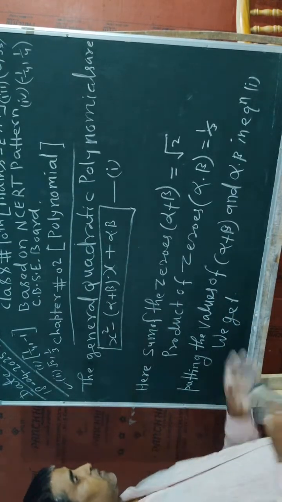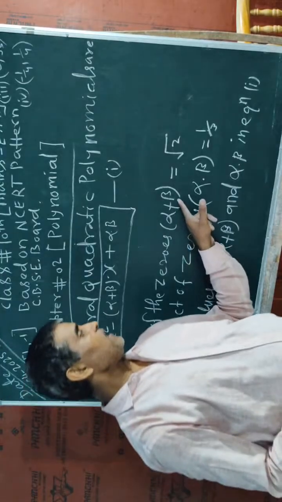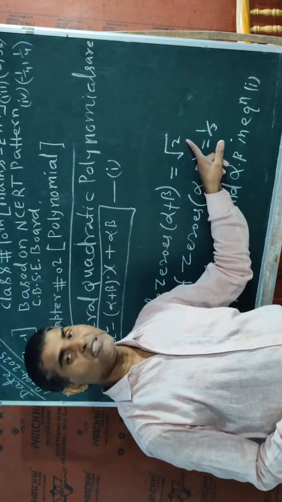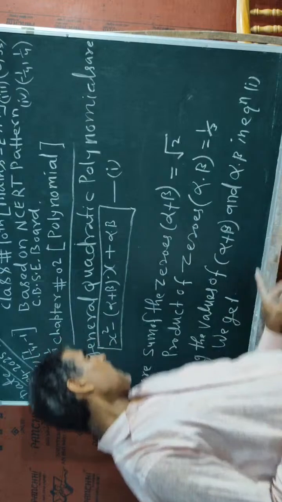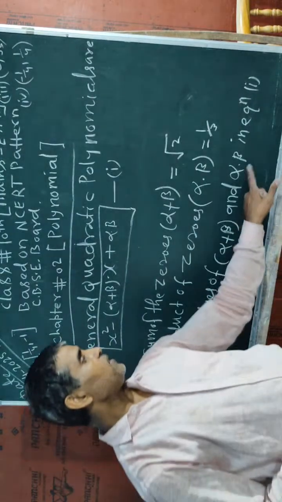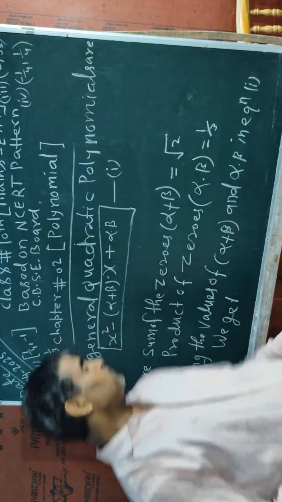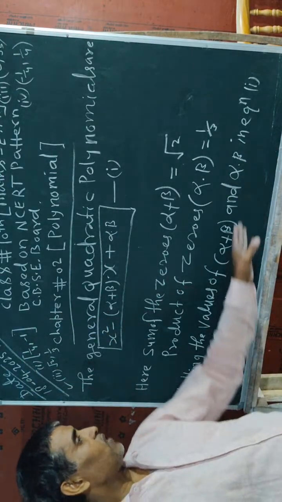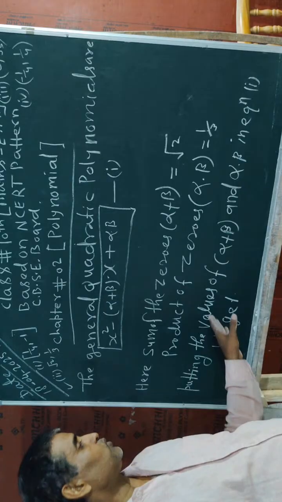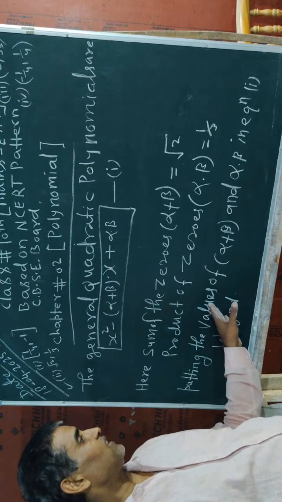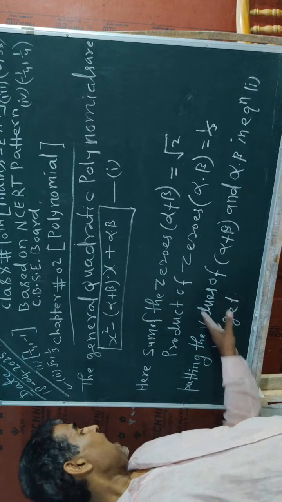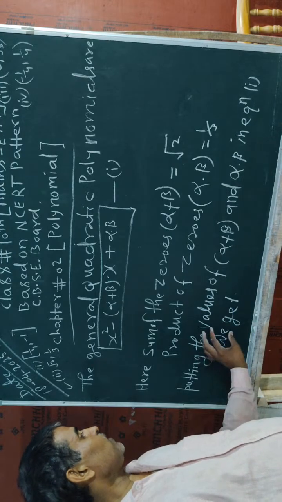Okay student, so the value of alpha plus beta which is given here is root 2, and the value of alpha into beta which is given here is 1 by 3, and here I have written one piece of information. You have to read this information carefully and understand its meaning clearly, and then follow it.